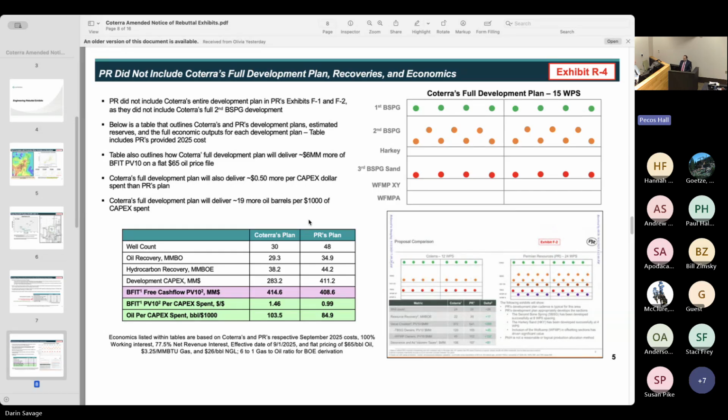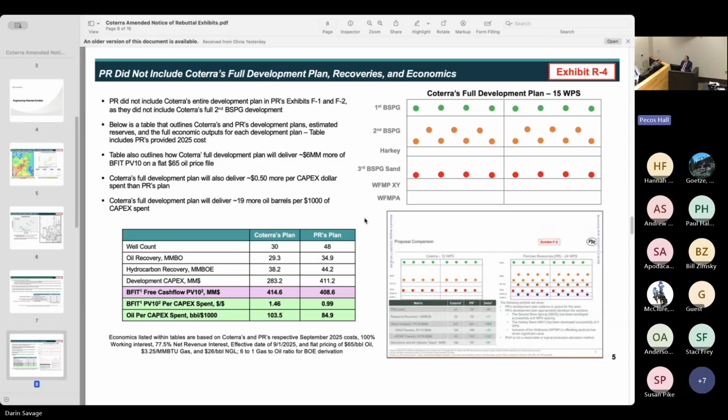And so I do want to state that earlier in this testimony, we've talked about Coterra's plan and how it plans to develop. It's important to look at the timing because timing impacts the BFIT PV10. If you recall from my testimony in PR's reservoir engineering, we're trying to model cash flow over time. So on this exhibit, what we're illustrating on the table specifically is PR's plan.